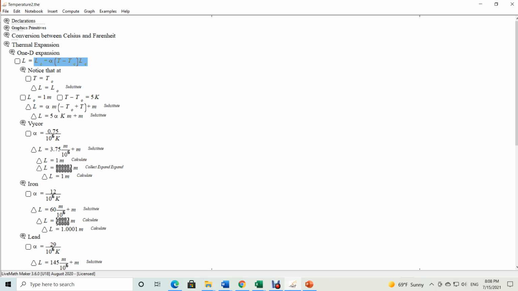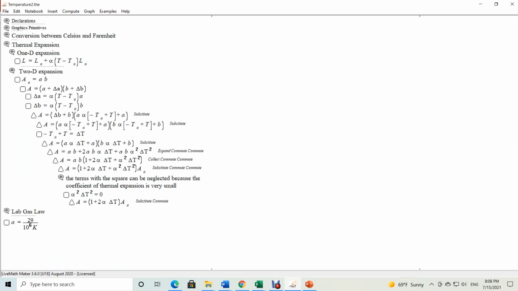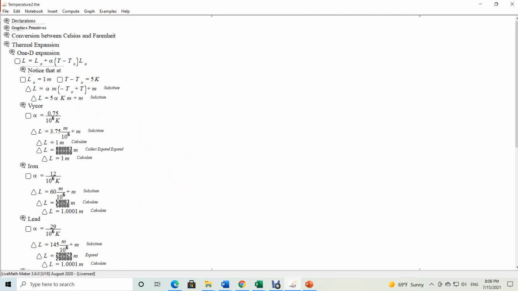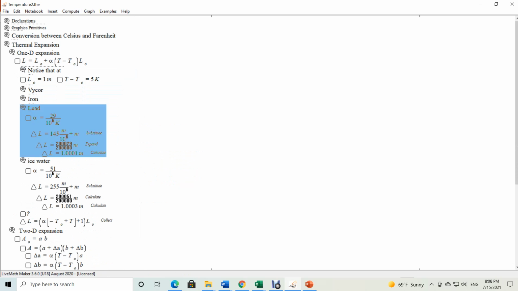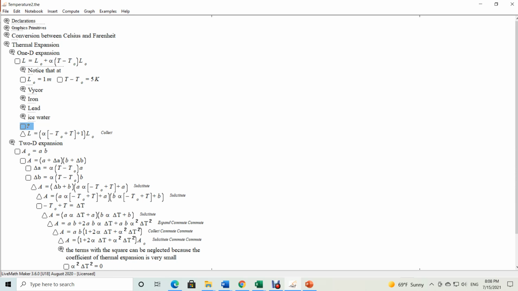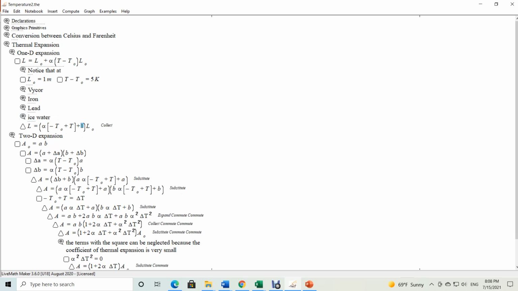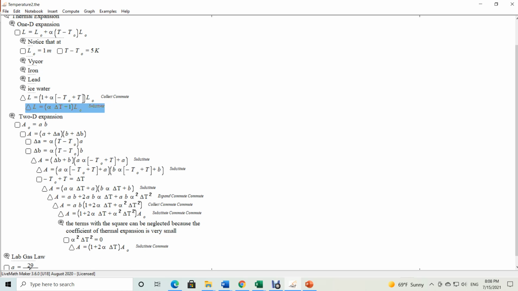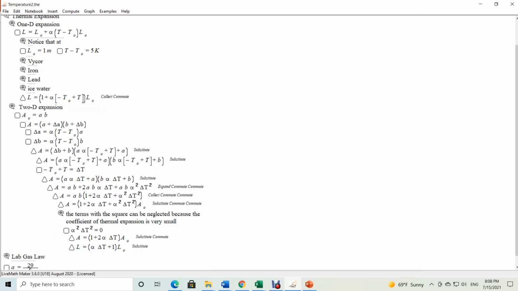Recall what I had before here. Here you go. Collect. Because I have delta t here, I'm going to write that as a delta t as well. Okay? I'm going to put my L side by side with my area.